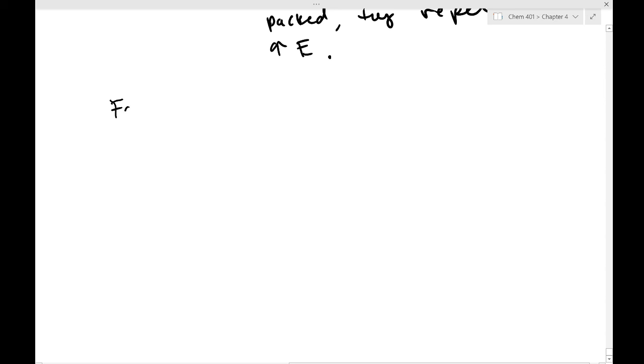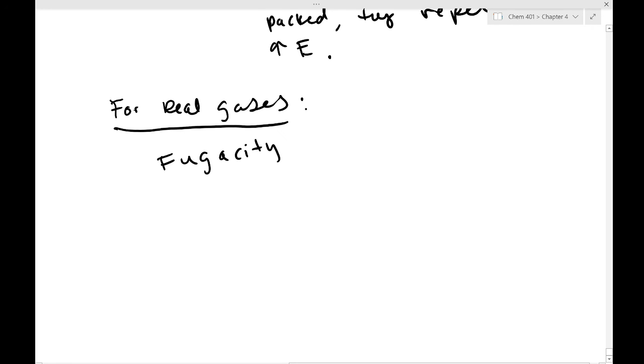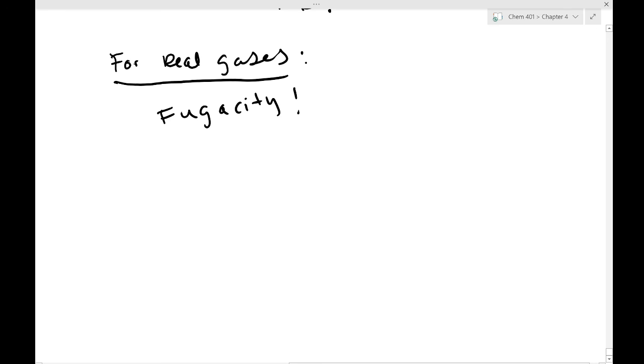And this is where the idea of something called fugacity comes in. Fugacity is just lowercase f, and it's defined as phi times the pressure. So fugacity is simply a scaled pressure. That's all it is.